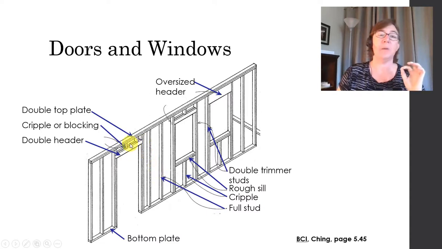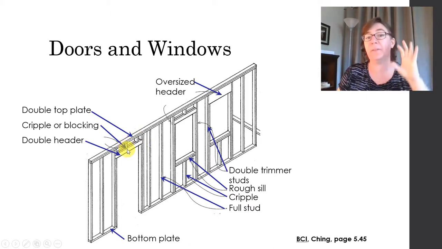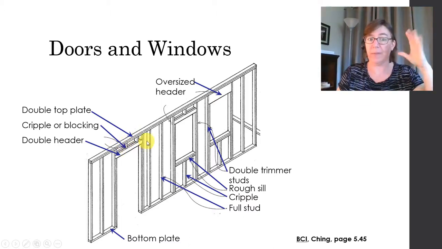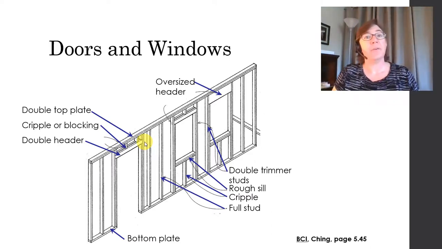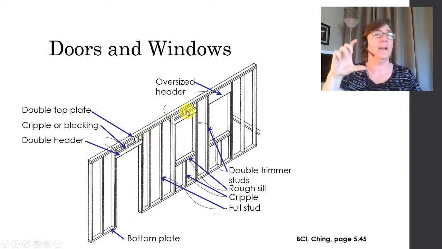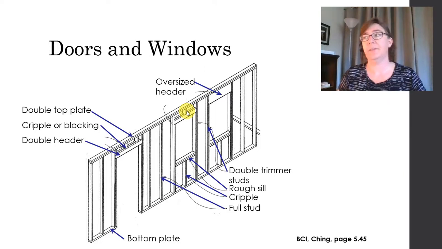Now these are fairly small headers right here, so there's actually a gap, and that's what these little cripple studs are above, just to fill that gap and give you something to nail your sheetrock. But there's another way you can frame this, because sometimes these little pieces of wood are not easy to work with, right?